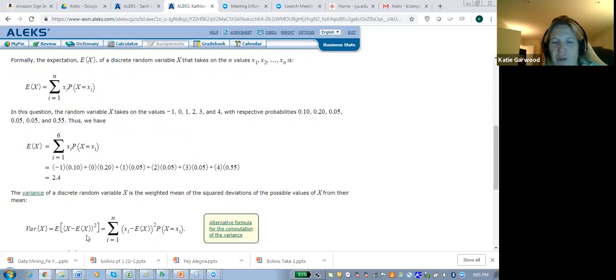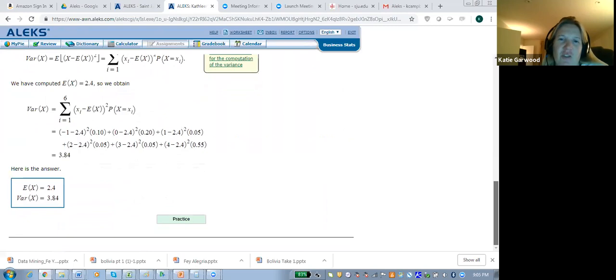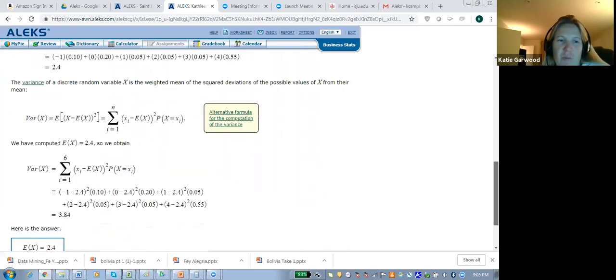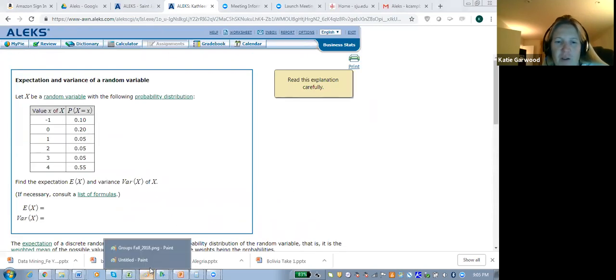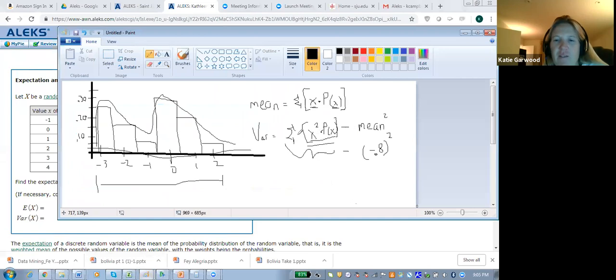Now their variance formula is much more elaborate than mine because there's actually a cheat. The cheat that we did was the formula where we took the expectation, or the sum of x squared times the probability of x, and subtracted the mean squared.